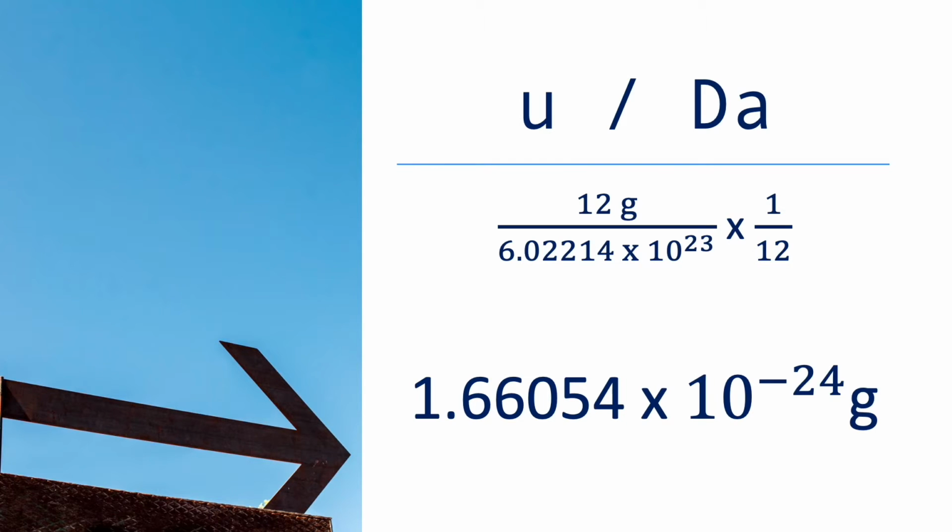To find the mass of a carbon-12 atom, we divide the mass number of carbon by the Avogadro number. Why? Because 12 grams is the mass of a mole of carbon. And 1/12 of that is equal to 1 unified atomic mass unit.